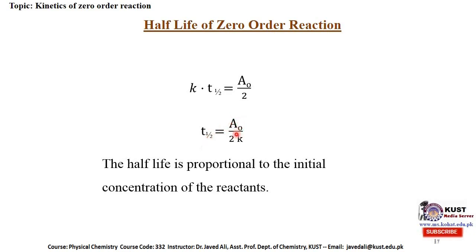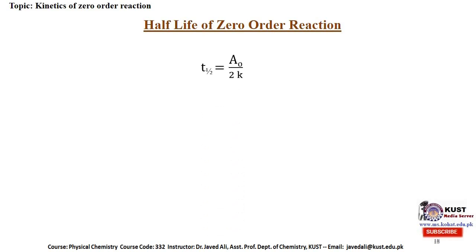Similarly, when initial concentration of reactant is smaller, then the half-life will be smaller. With the help of this equation, we can calculate the half-life of reaction if we know the rate constant, and similarly we can calculate the rate constant if we know the half-life and initial concentration.